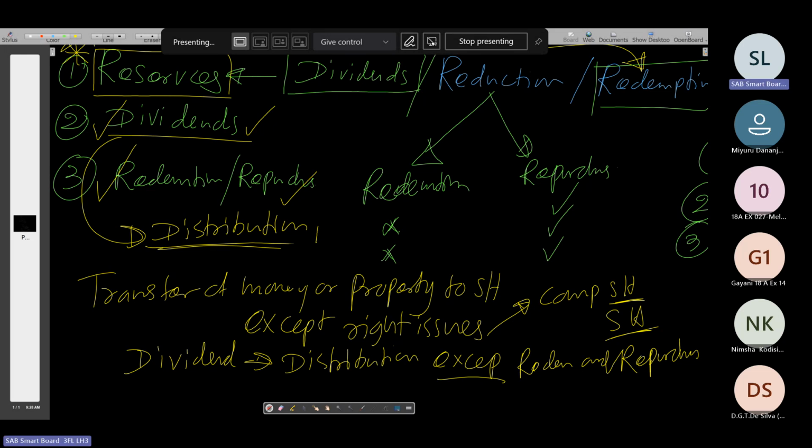And that is the concept. So we consider three main terms: reduction, redemption, repurchase. And another concept we have discussed is dividend. Now, another very important thing.